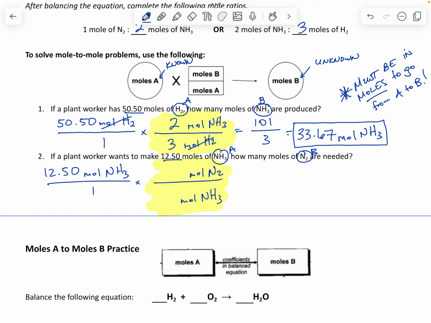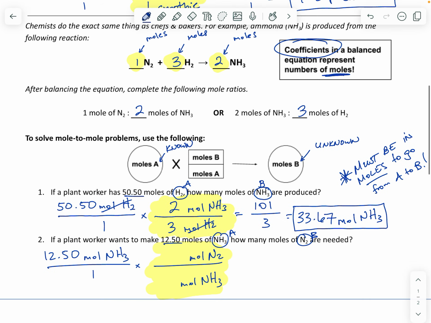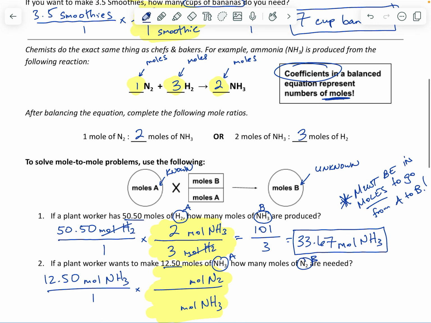And so now we're kind of working backwards. We're saying, what if I want to produce this much of this, right? How much of that other reactant, nitrogen, would I need? And so we use our balanced equation. We say, for every 2 moles of NH3, it's equal to 1 mole of N2.